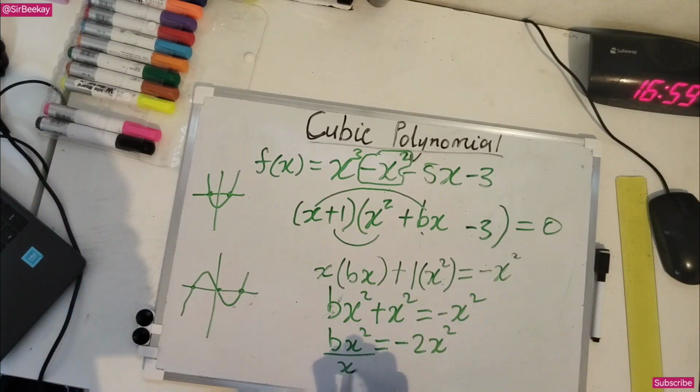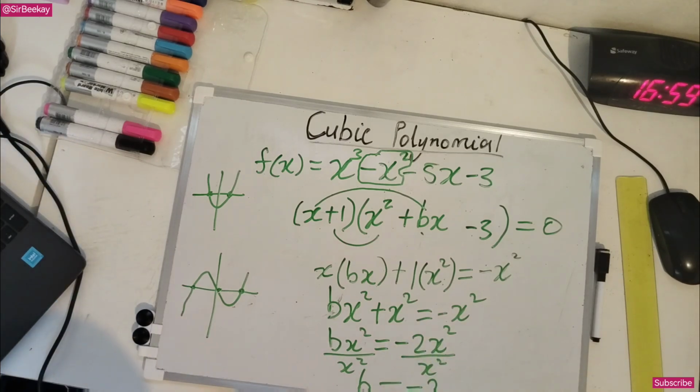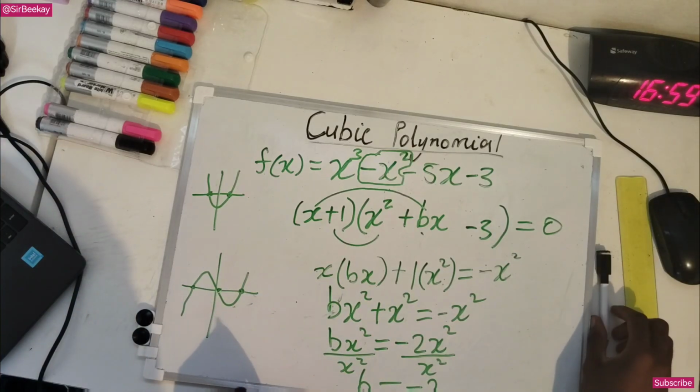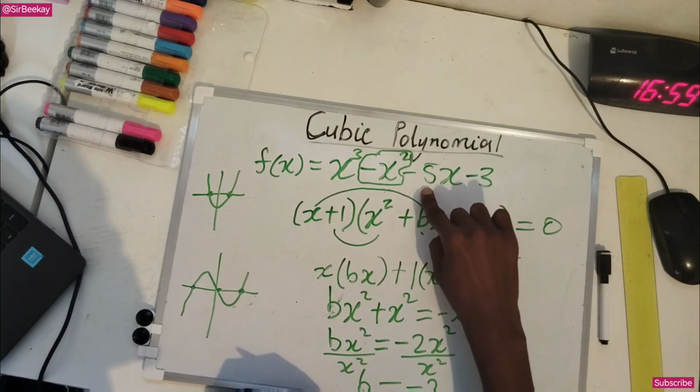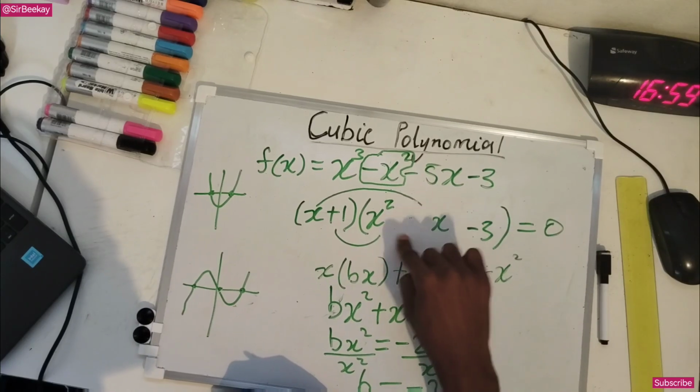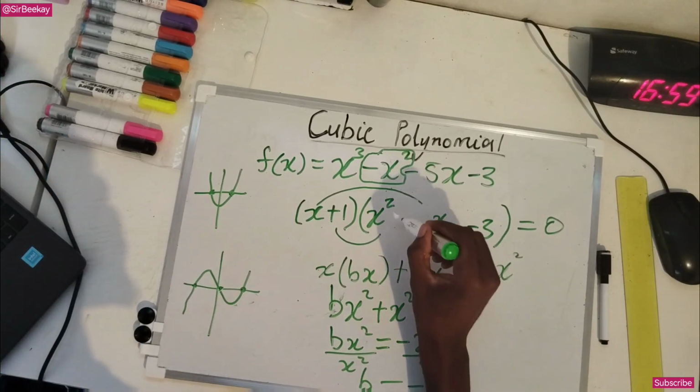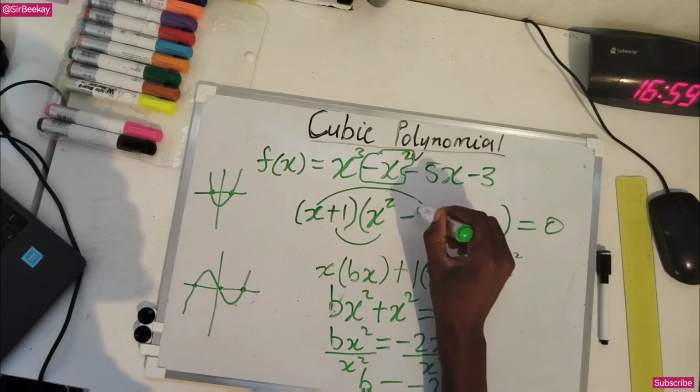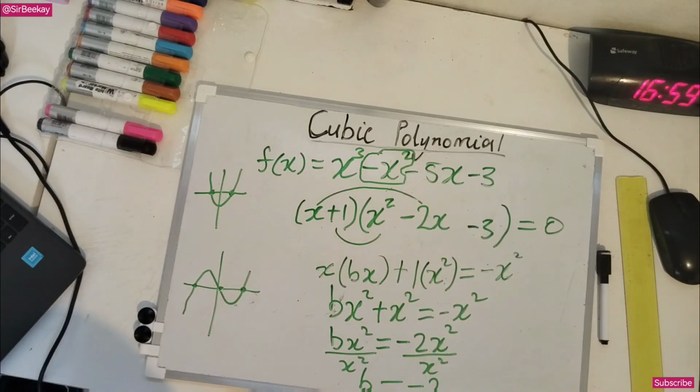Then I divide the x squared with the x squared. I get my b being equal to negative 2. Then I found my value of b to be negative 2. So it's negative 2x minus 3.